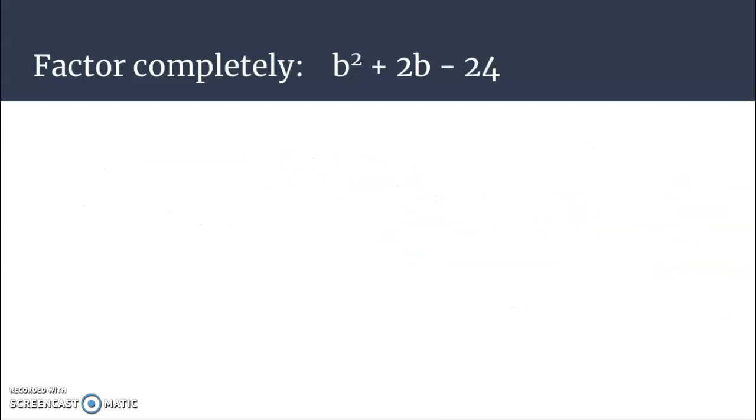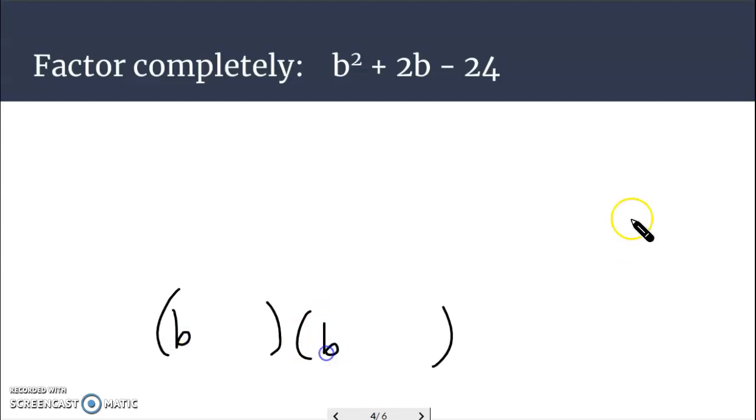All right, let's look at another one. On this one, b squared plus 2b minus 24. What factors of negative 24 add up to positive 2? Let's set up our answer first. A B here and a B here. Let's focus on negative 24. Lots of ways to get negative 24. Negative 1 times 24.